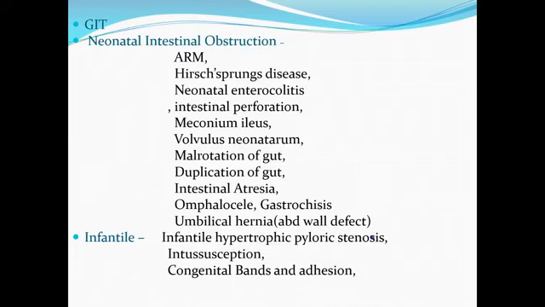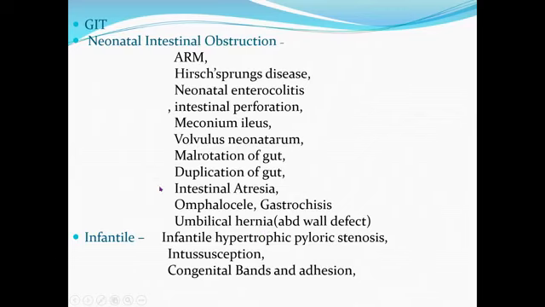Neonatal intestinal obstruction includes anorectal malformation, Hirschsprung's disease, neonatal intestinal perforation, neonatal enterocolitis, meconium ileus, volvulus neonatorum, malrotation of gut, duplication of gut, and intestinal atresia. Omphalocele, gastroschisis, and umbilical hernia are abdominal wall defects.